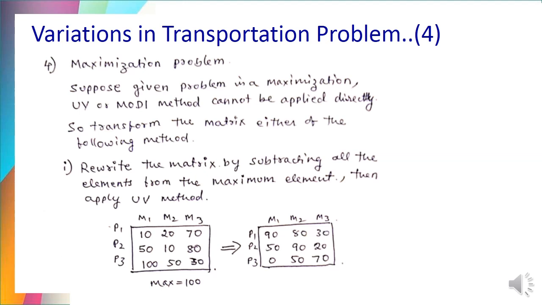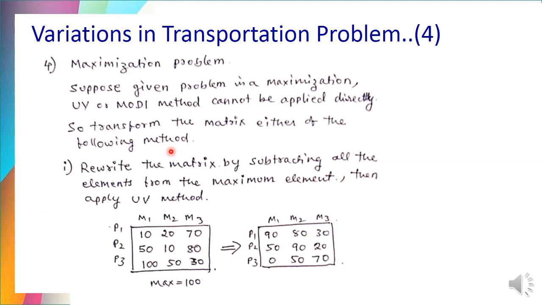Sometimes the problem is given as a maximization of some profit, and the UV method or MODI method cannot be applied directly. So we need to transform the original problem into a minimization problem. We need to modify the matrix in either of two ways.